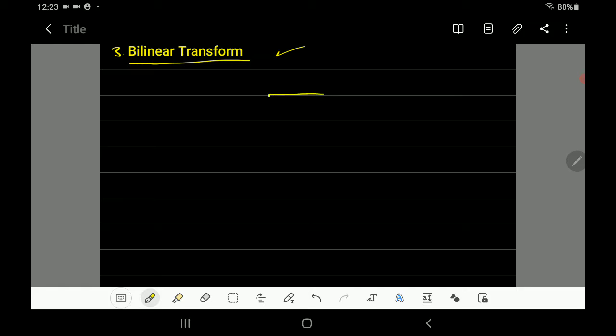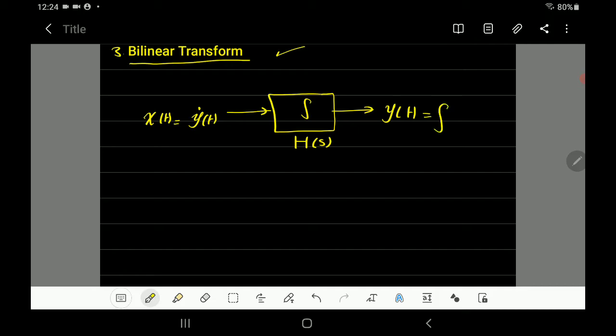First, let's assume that we have a system integrator and the transfer function is H of s. So the signal input x of t, let's say that it's equal to y dot, the first derivative of y of t, and the output is y of t. So the output will be equal to the integration of x of t dt.